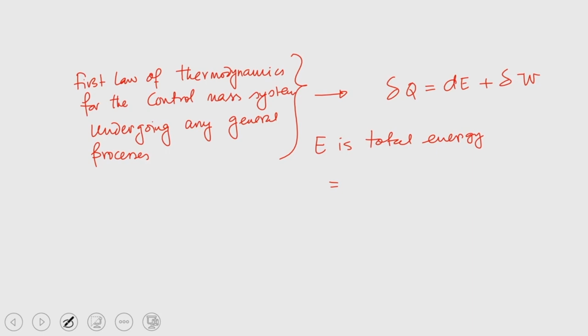This is the total energy, and you know that it can be written in different parts. This is nothing but half m c square plus m g z plus U, that is one other form. Let me discuss briefly.